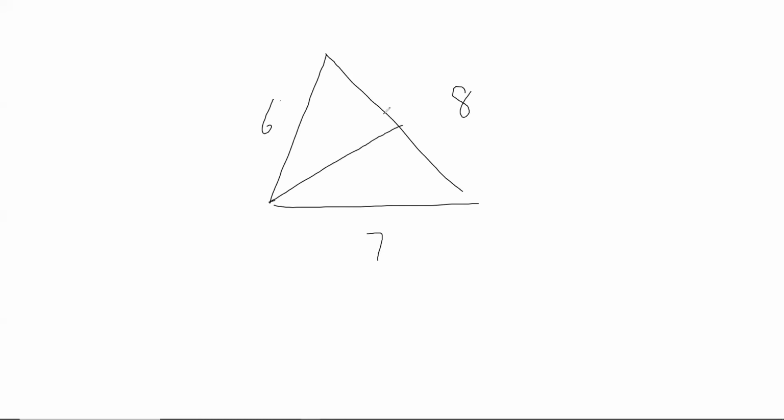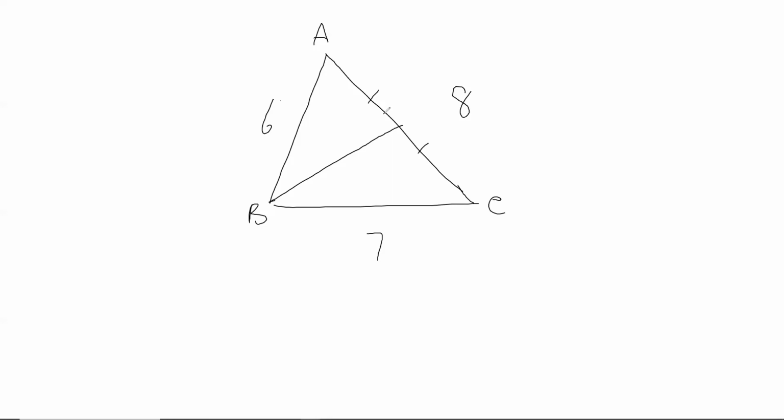You need to draw pictures. You want me to draw a picture for you? So like, this is a 6, 7, and 8 triangle. What is the point E here? Is E a midpoint?